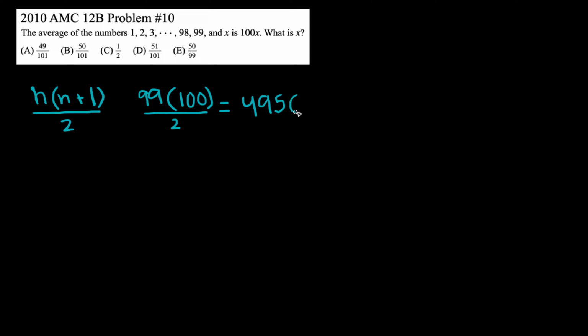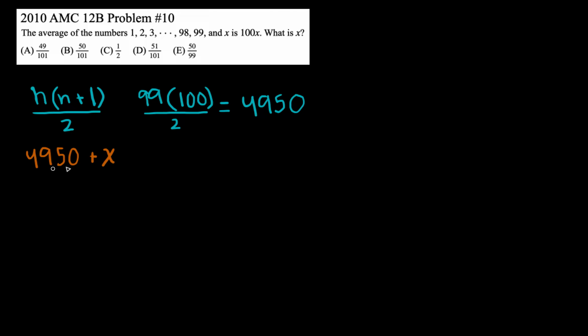So if we multiply that by 100, this is equal to 4,950. But remember, we're not just averaging the numbers from 1 to 99. We're also keeping x as one of the numbers in that average. So what we're actually looking at is the 4,950 that we got before plus x.